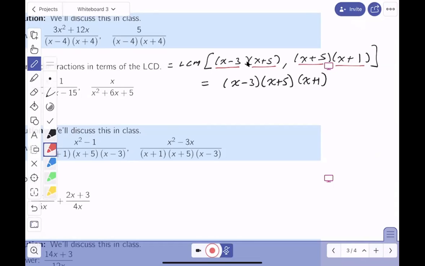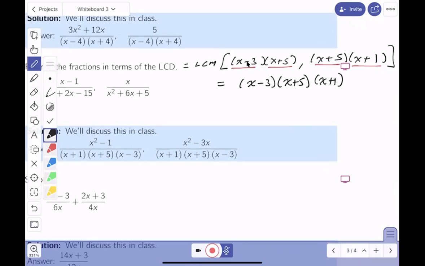The maximum number of times they occur in any one of those factorizations. Well, x minus 3 only occurs once in any one of those factorizations. X plus 5 only occurs once. And x plus 1 only occurs at most once. So this here is the LCD.